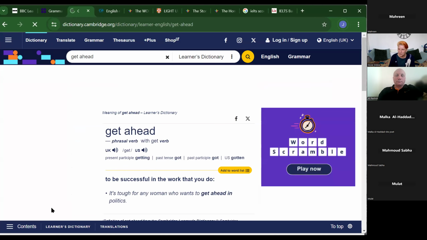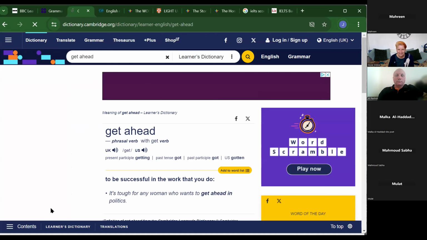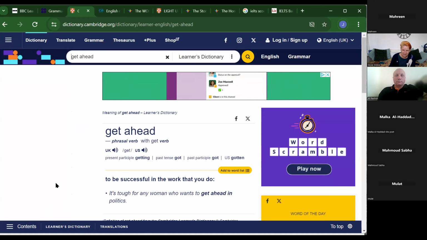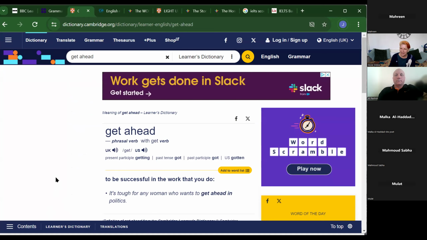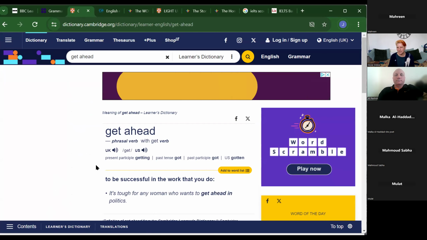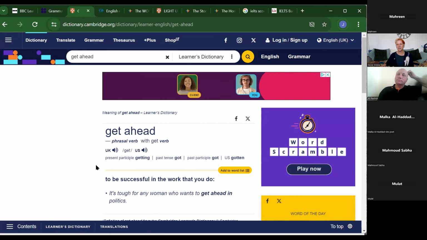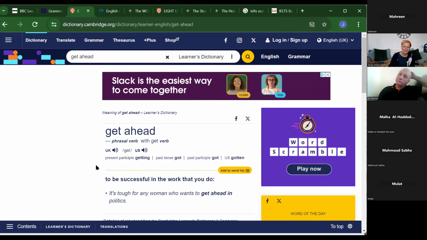How do we get ahead with our English? By using the Cambridge Dictionary. It has UK and US pronunciation, so you can work on that as well. And the definitions are reliable and accurate, and you will not waste time anymore.